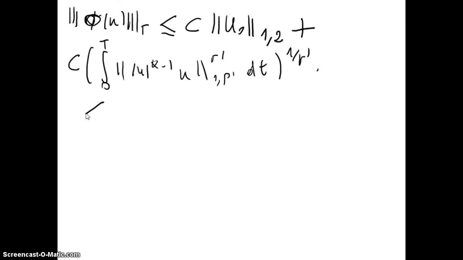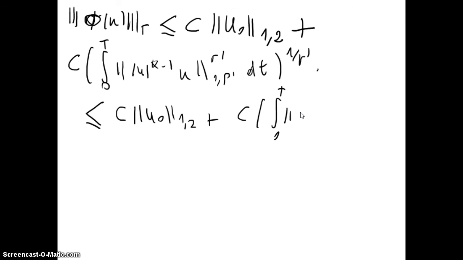So this will be less than or equal to c u naught in H1 plus, we will make what we always made in u, and now we take the alpha out, the norm of u in L^{r} W^{1,rho} to the alpha, dt to the 1 over r prime, and now we will bound this.